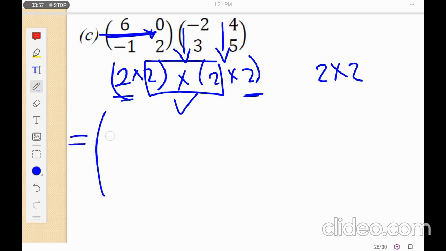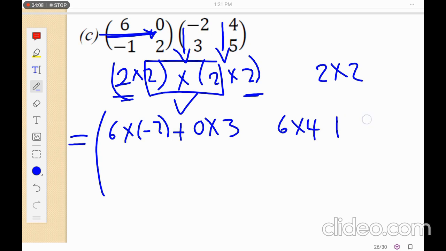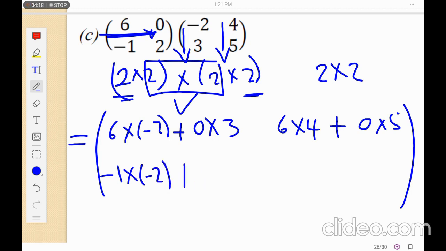So I have 6 by minus 2, then plus 0 by 3, then I will have 6 by 4 plus 0 by 5. Okay, so those are the first rows. Second row, I've got minus 1 by minus 2 plus 2 by 3, then minus 1 by 4 plus 2 by 5.